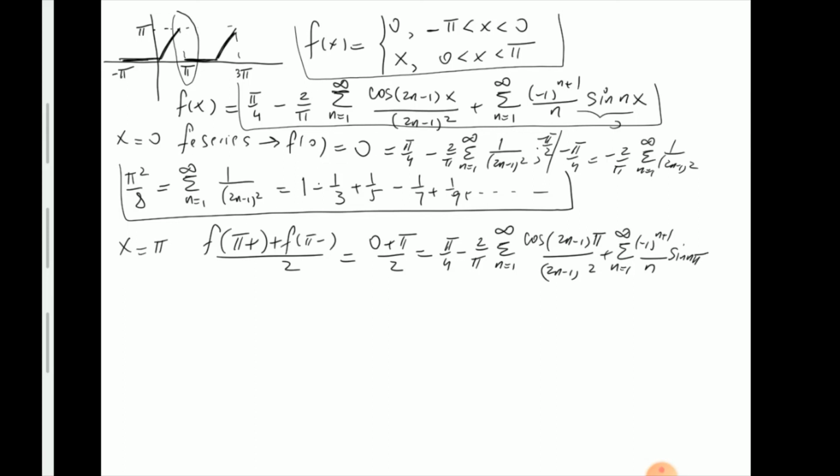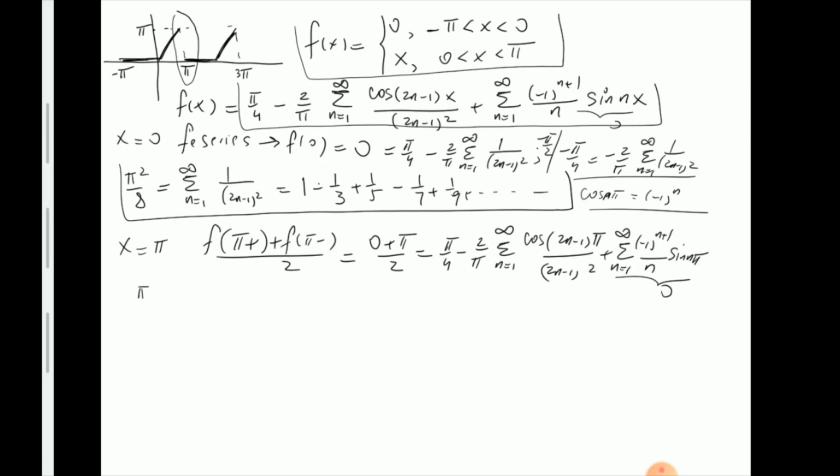Now, sine of n pi is again 0, and cosine of (2n minus 1) pi, now we met this before, remember cosine of n pi is minus 1 to the n. It cycles between minus 1 and 1 depending on whether n is even or odd.